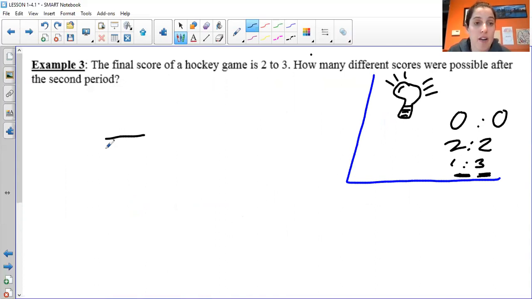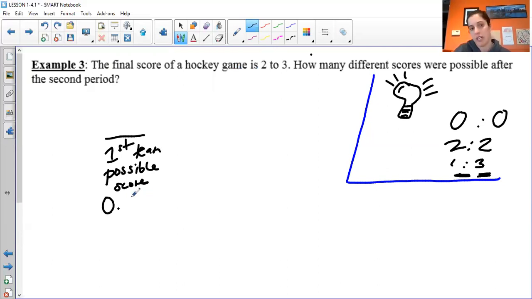So here I have the first team's possible scores. How many possible scores could they have had? They got up to 2 points, so they could have had 0 at the second period, 1 at the second period, or 2.